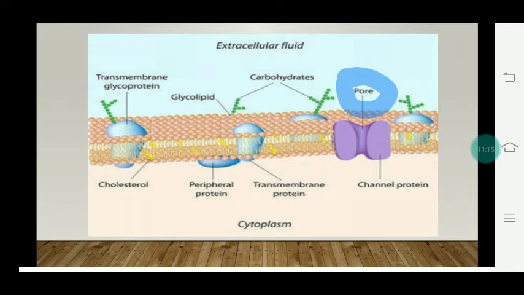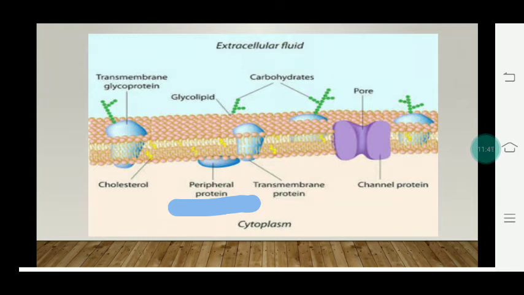In this structure, the lipid bilayer is embedded throughout by proteins. The proteins which are externally bound to the lipid bilayer are called peripheral proteins. So, peripheral proteins are bound to the periphery of the plasma membrane.